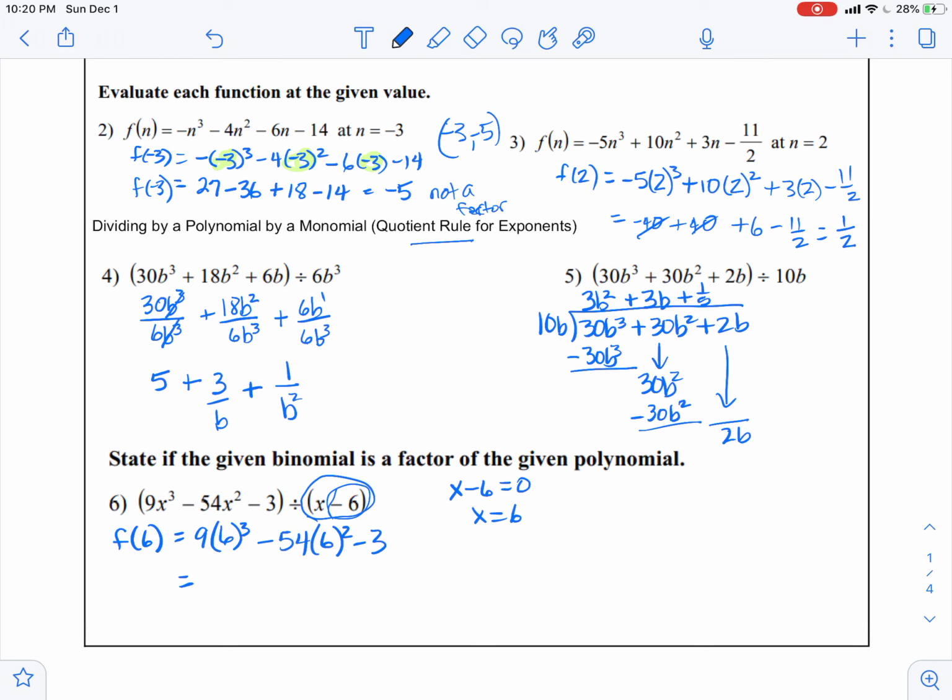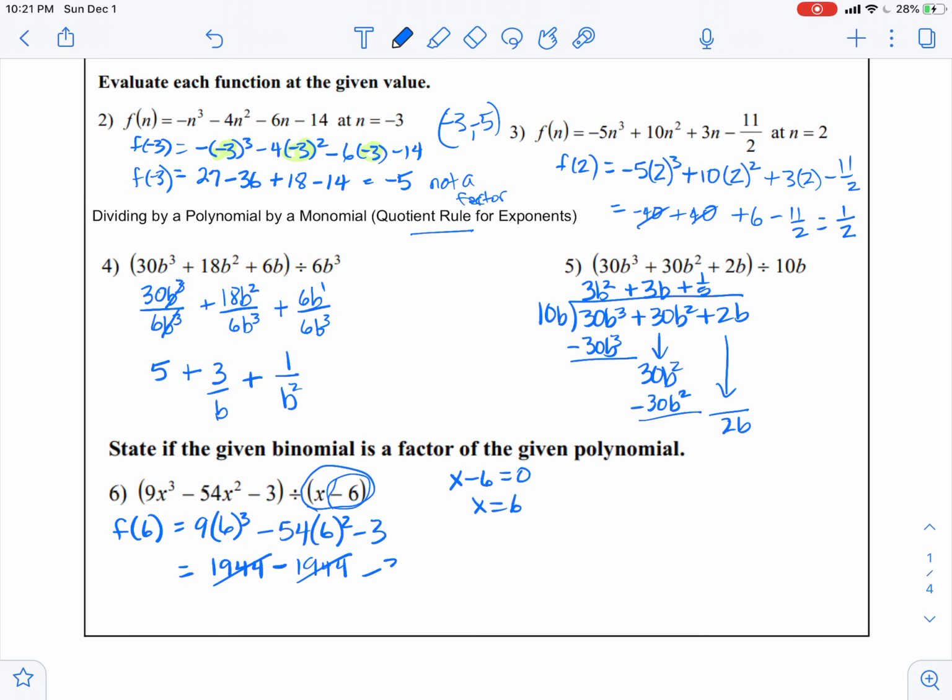Okay, so let me just grab my calculator again. And this is 1,944, and you guys can double check my work. And that is 1,944. Again, those are going to cancel, minus 3, and so that would be a negative 3.